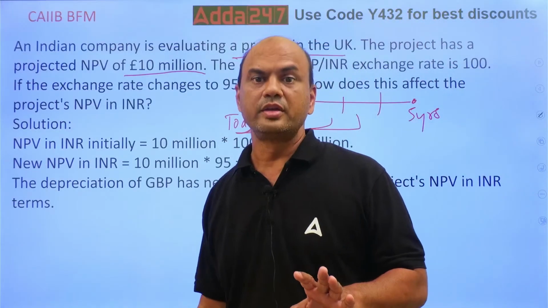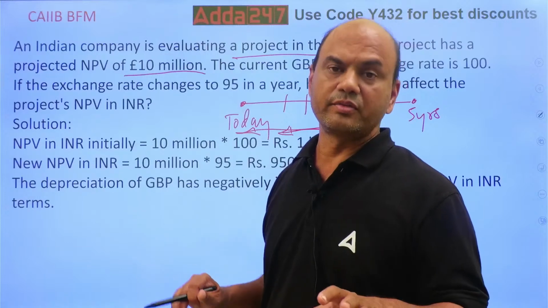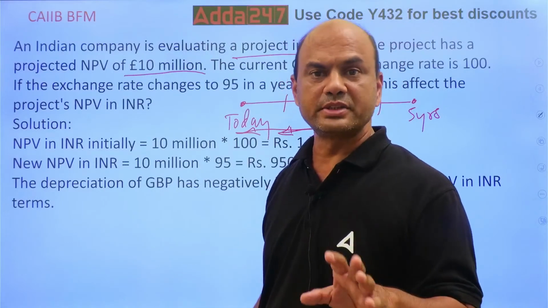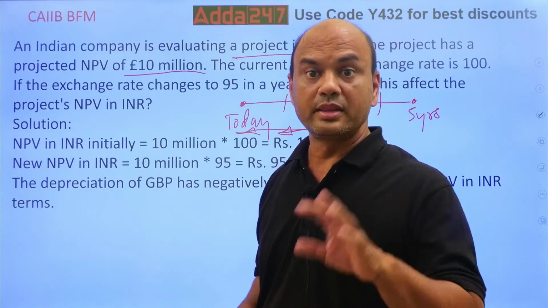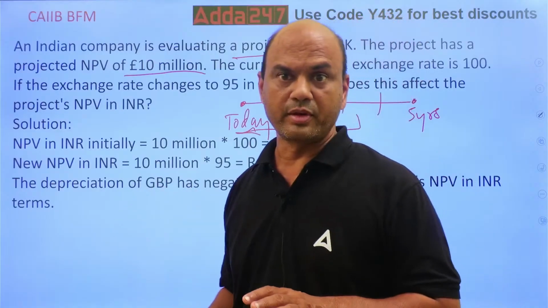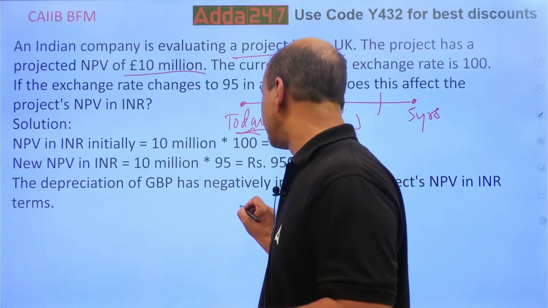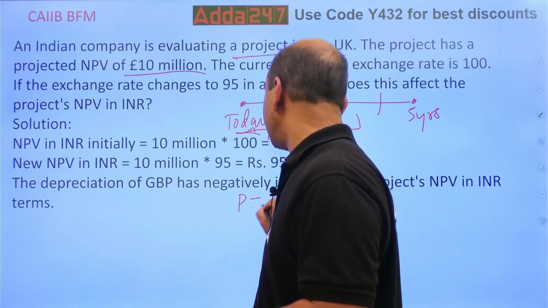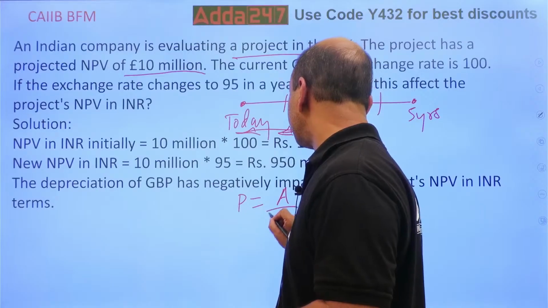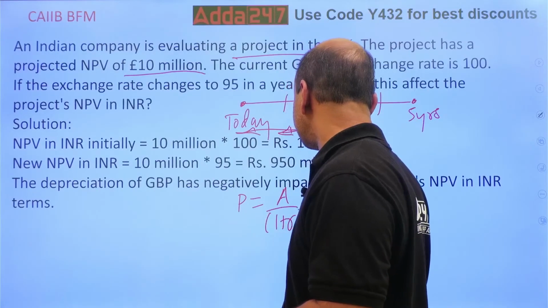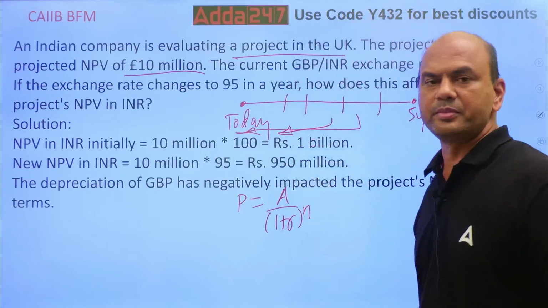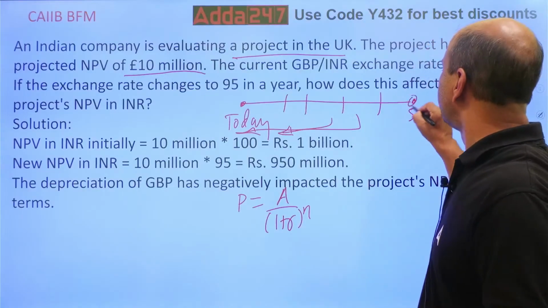There are two formulae for discounting: one is for lump sum, second is for annuity. Lump sum is P equals A upon (1 plus R) raised to N, where A is whatever amount you will be getting at the end.